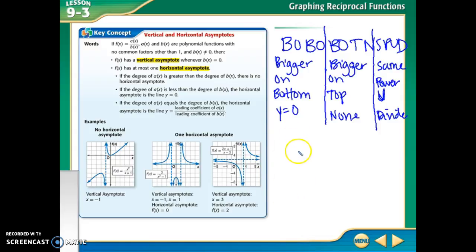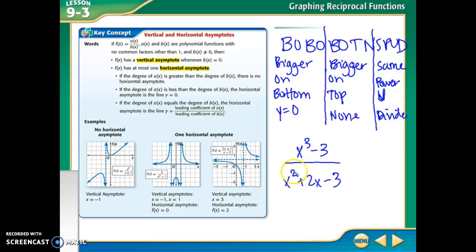So for example, if I had x cubed minus 3 over x squared plus 2x minus 3, my higher degree up top is a 3, and on the bottom it's a 2. So that means it's bigger on top, so I don't have a horizontal asymptote.